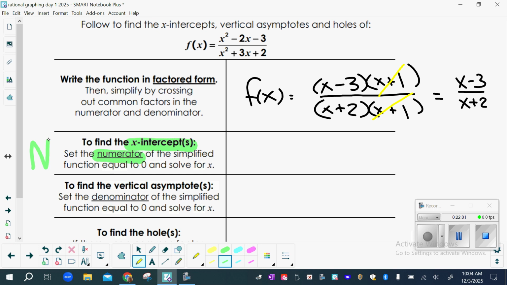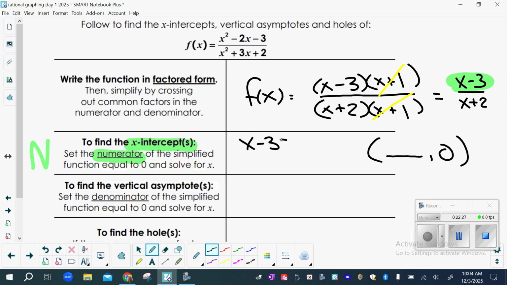So the way we get the x-intercept, here's how easy it is. We know the x-intercept is going to be something comma 0. We just need to figure out what goes there. Highlight this. It's the numerator. All we're going to do is this: x minus 3 equals 0. x equals 3.